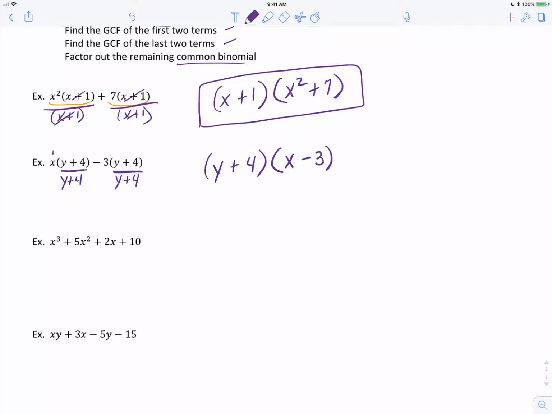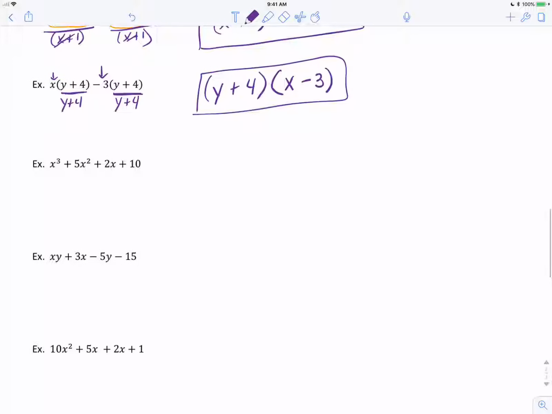You see that? Here's the x minus 3, because both of those are multiplied by that y plus 4. And remember, when we multiplied these polynomials before, we would take that first term and multiply it by everything in the other term. And so that's exactly what you're doing here.